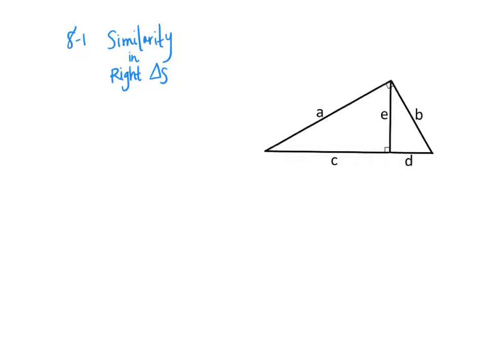We've talked about the geometric mean, and so one relationship that always works, I will start from the very left-hand side right here, and I'll say C is to E as, and then I'll go down, E is to D. And it kind of makes an upside down T. So I'm going to do it all together. C is to E as E is to D.